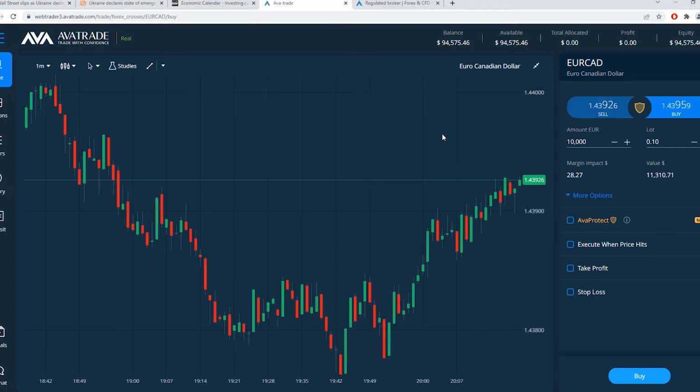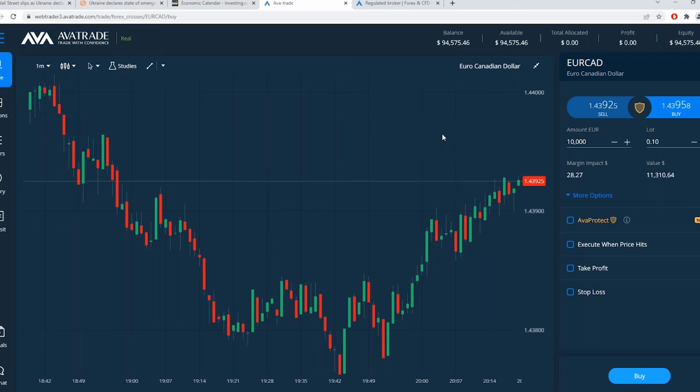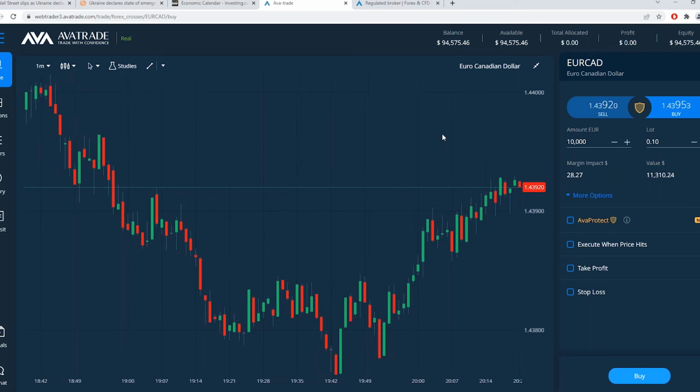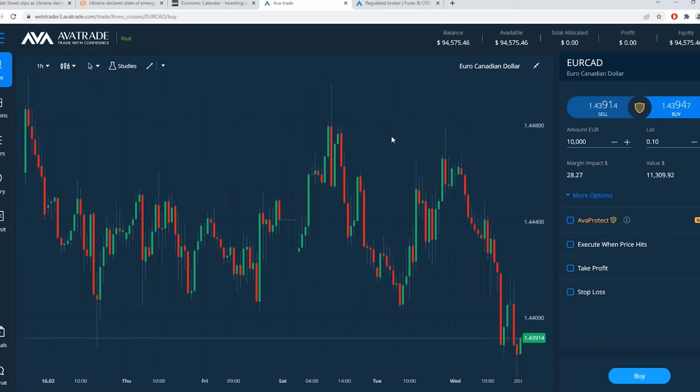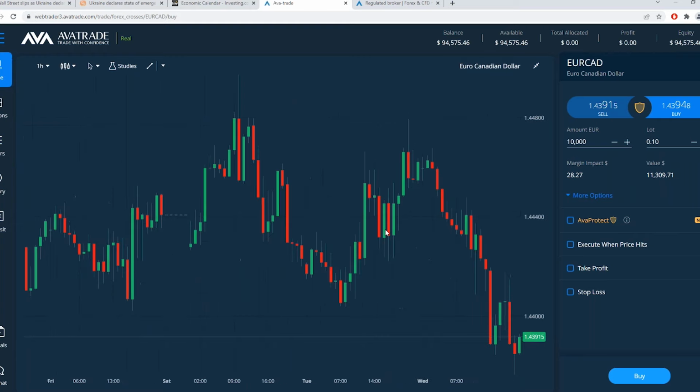Now, I purposely pulled up the Euro Canadian here, and the reason being, with all the fear on the markets, the euro could maybe be weakened a bit, as the euro tends not to be a safe haven currency, and the Canadian you'd think could be strengthened. Okay. Because of the potential for oil prices to go up if there's a larger escalation of this conflict that's occurring.